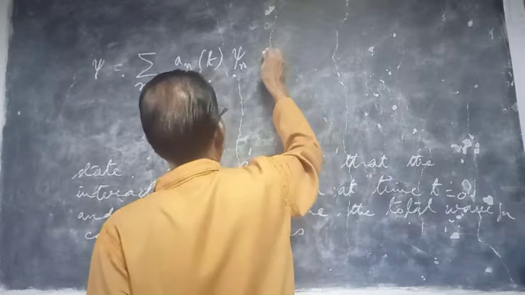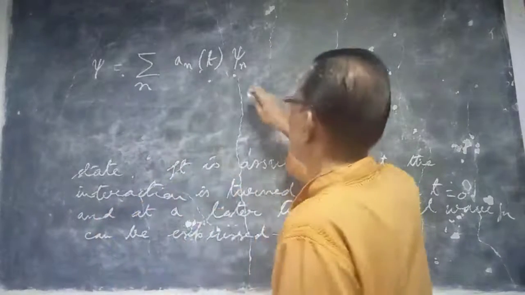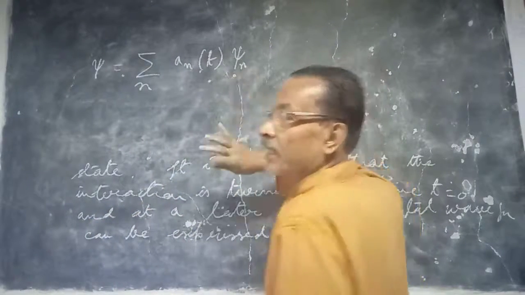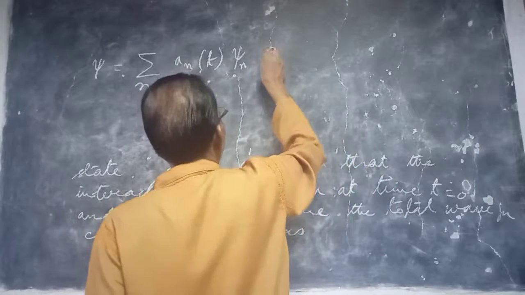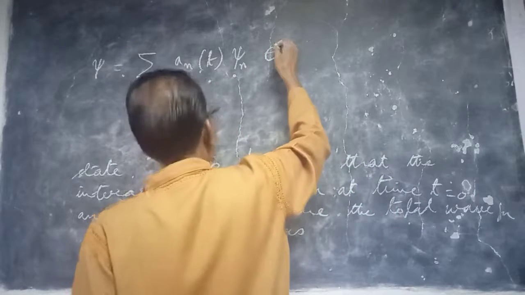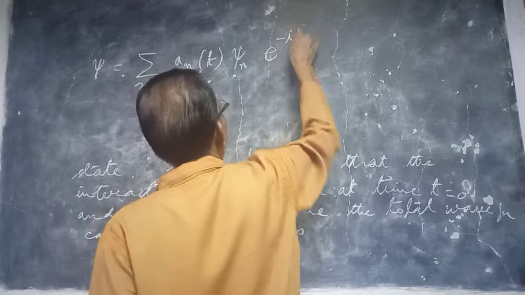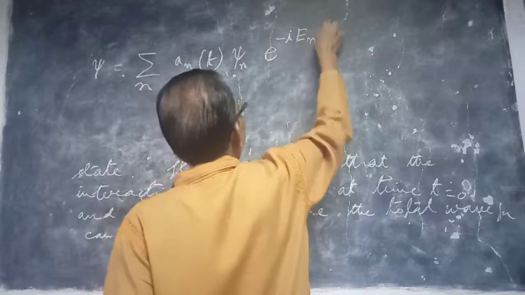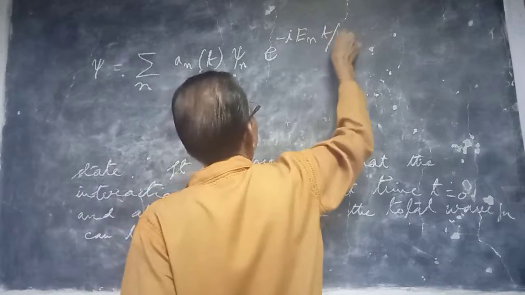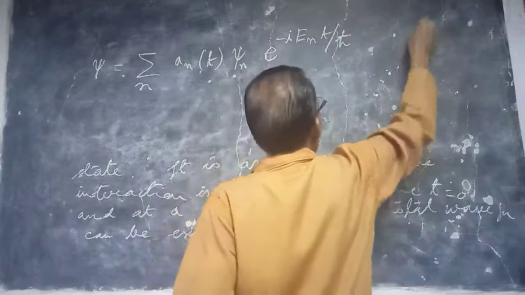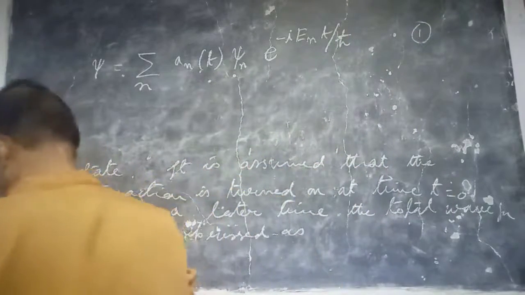If it were time independent perturbation theory, then only psi n would appear, but as it is time dependent perturbation theory, the time dependence is here: e to the power minus i E n t by h cross. Suppose this is equation number 1.